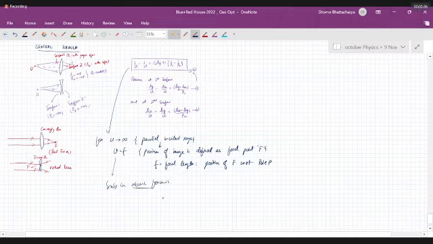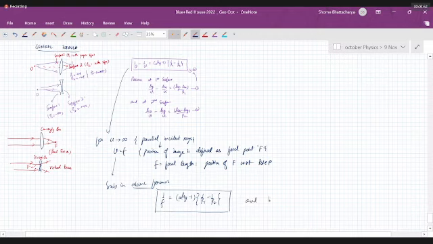We get 1 by F is equal to, okay, so this is the lens UV formula, and this is the lens maker's formula.